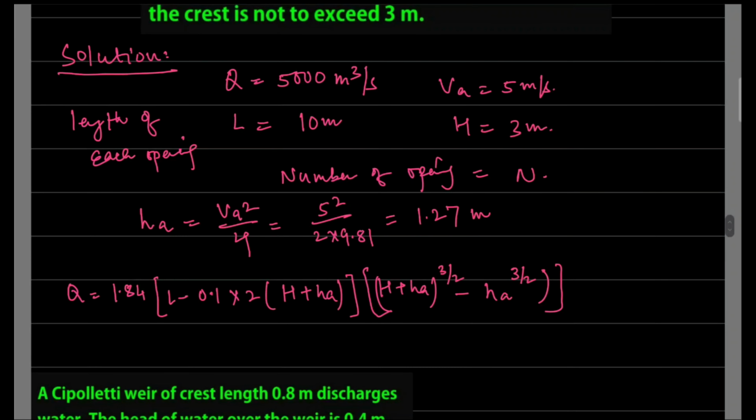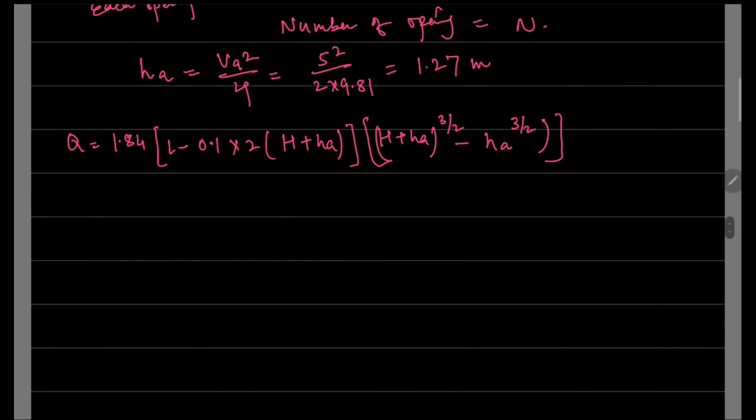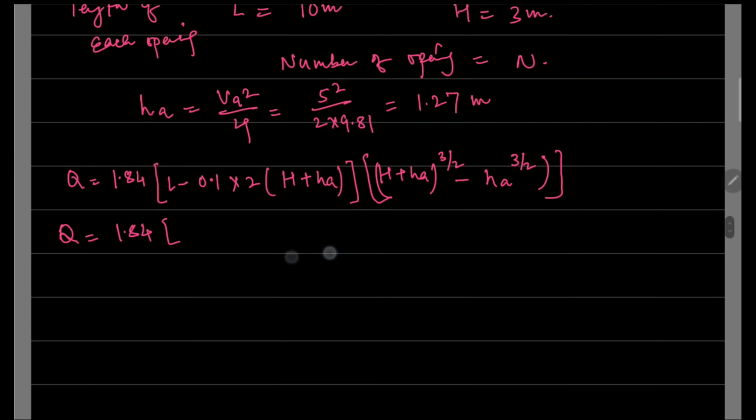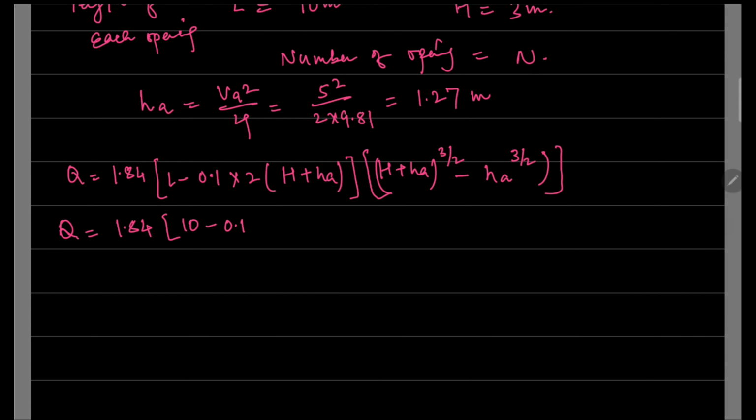So we can put all the values. Q is equal to 1.84. L is our 10 meter. 10 minus 0.1 multiplied by 2, so this is 0.2, and H is given to us as 3 plus HA, which we found to be 1.27, bracket close, then this is 3 plus 1.27 raised to the power 3 by 2 minus 1.27 raised to the power 3 by 2.